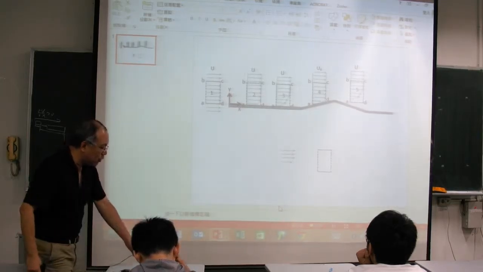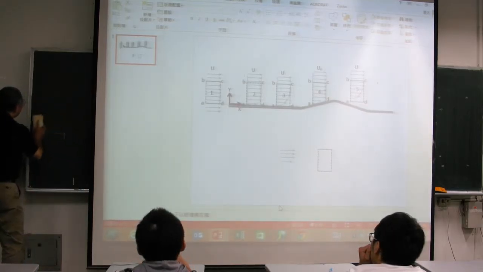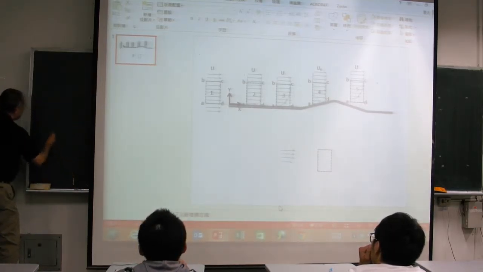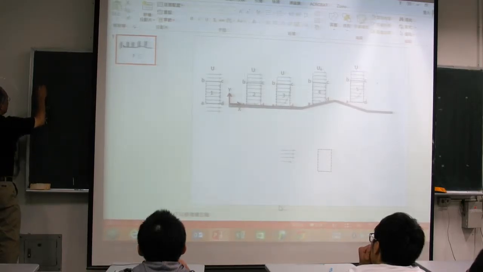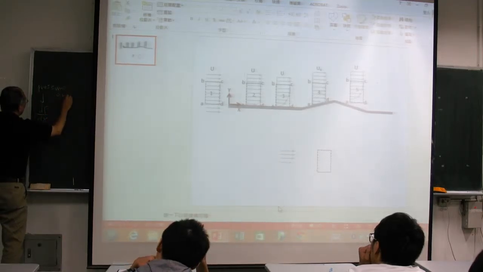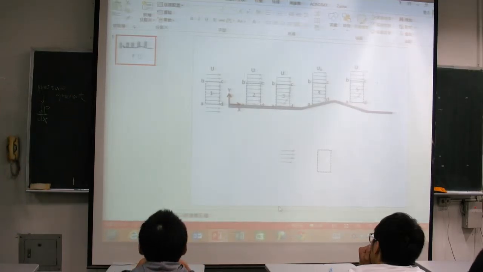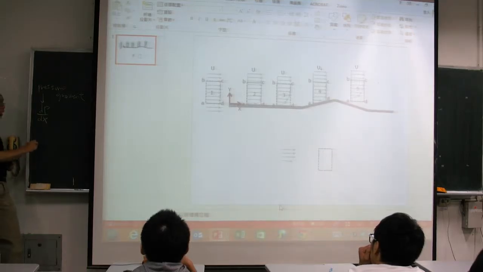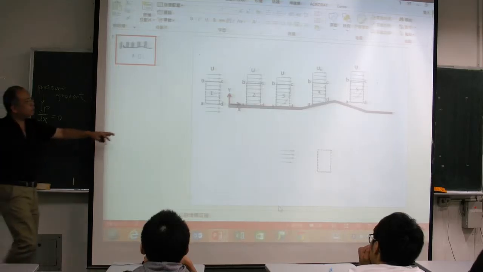That's no pressure gradient, right? We call this pressure gradient, G-R-A-D-I-E-N-T, dP/dx along the x direction. Usually on the flat plate, dP/dx equals 0 inside the region.